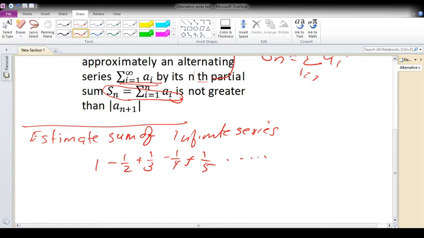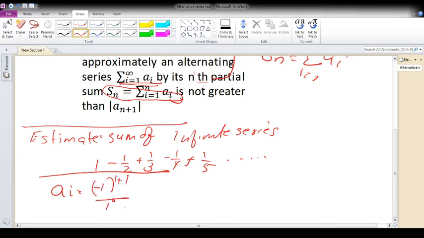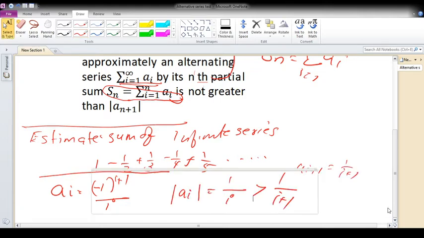So we can take a_i, the nth term, as (-1)^(i+1) by i. So the modulus of a_i is 1/i, and a_(i+1) is 1/(i+1). That 1/i is greater than 1/(i+1), and so this series is decreasing.